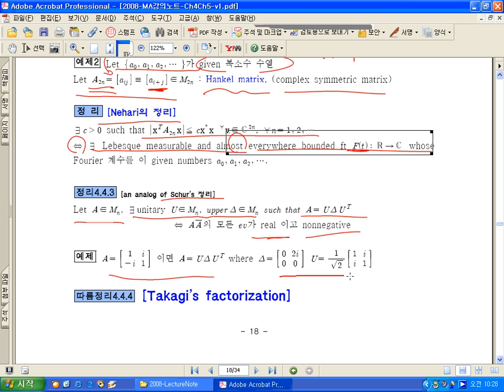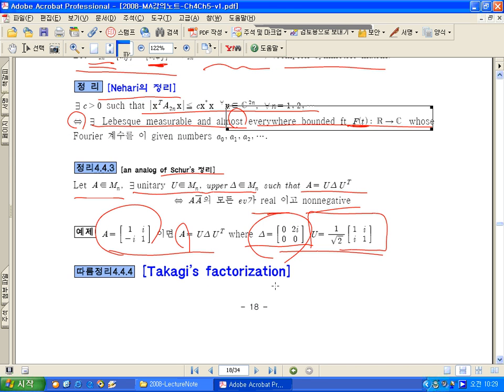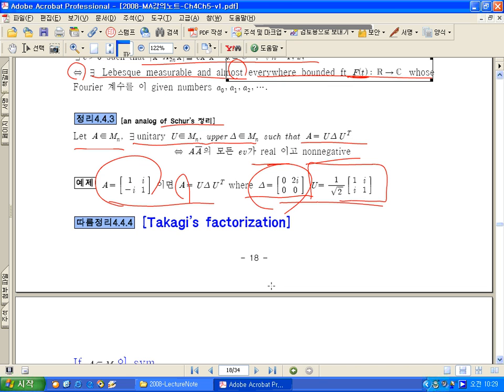And this is an example. When we have A such as this, that is a real symmetric, that is a complex symmetric matrix, then this A can be written as this. The eigenvalues are real and non-negative.